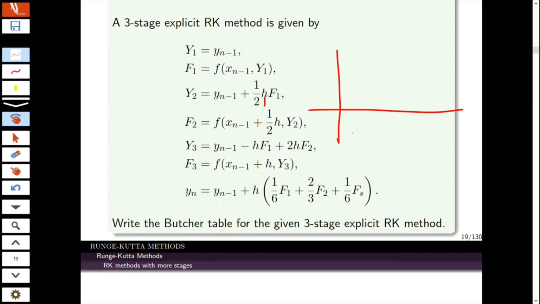So this is 1/6, 2/3, 1/6, and my C, this is 1 here, this is half here, and then 0 here.